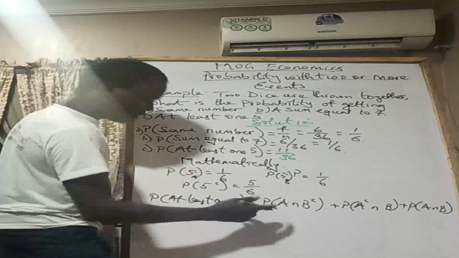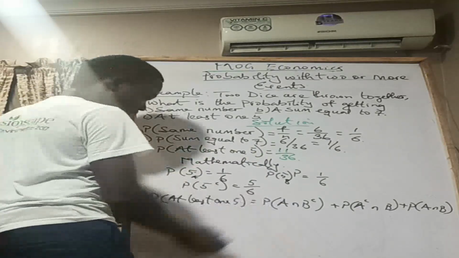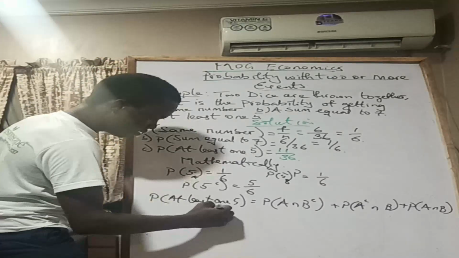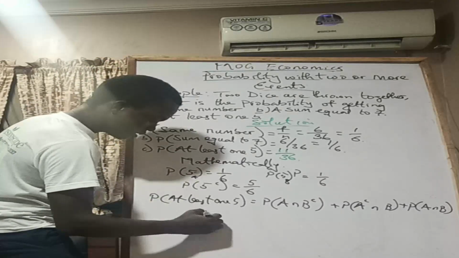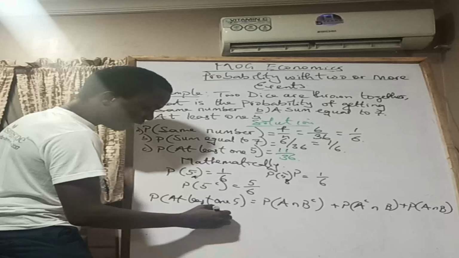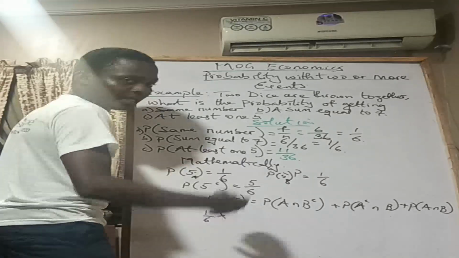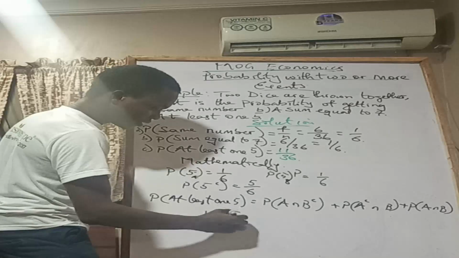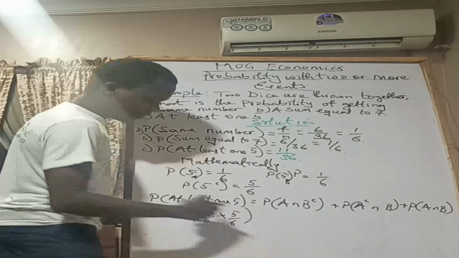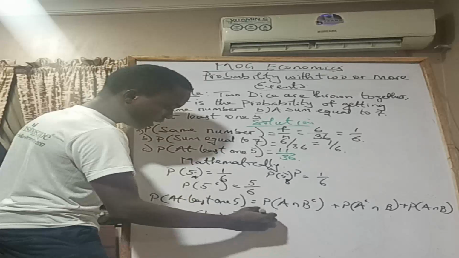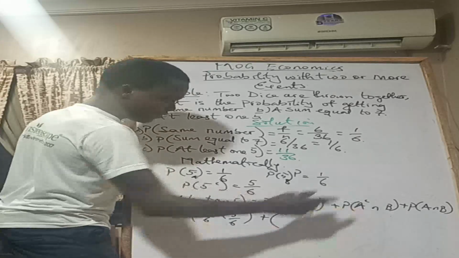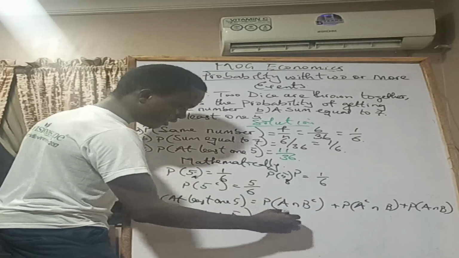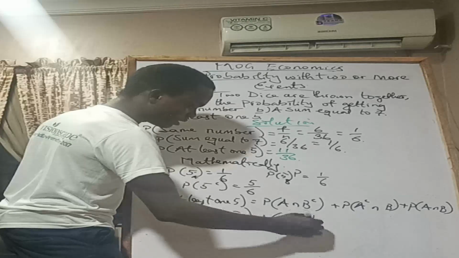So what's the probability of having a 5 on die A? Here we'll be having 1/6 multiplied by, because it's die A and die B, so that's a multiplication, 5/6. So you're going to have a 5 on die A, and you don't have one on die B. Then plus, you are not having it on die A, so you have 5/6 multiplied by 1/6.